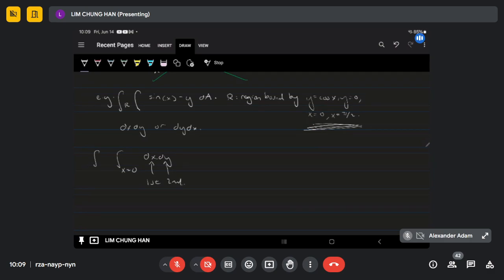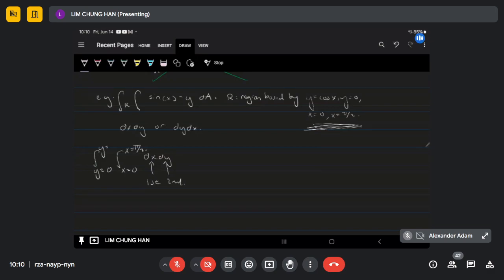So with limits, you always go from a smaller value to a bigger value. So x equals 0, x equals pi over 2. Okay, what are the y limits? Cos x and 0. Yeah, correct. So 0 to cos x.